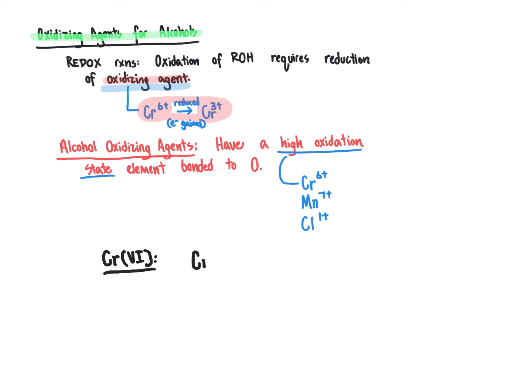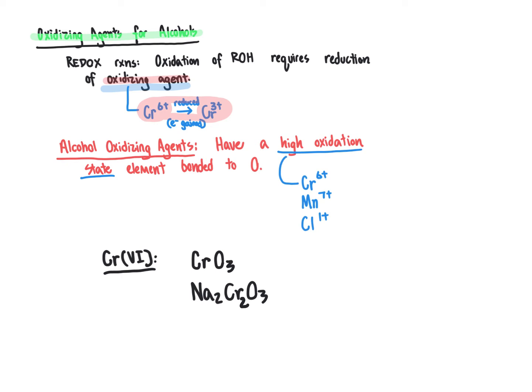A couple of examples would be CrO3, which we'd expect to have chromium in the 6 oxidation state, or alternatively sodium dichromate, which has the formula Na2Cr2O7. In either of these cases, Na2Cr2O7 or CrO3, they're both going to act to enable the oxidation of alcohol molecules.